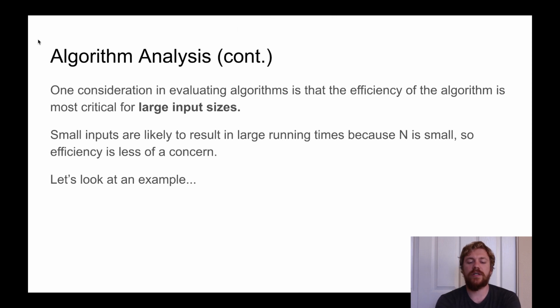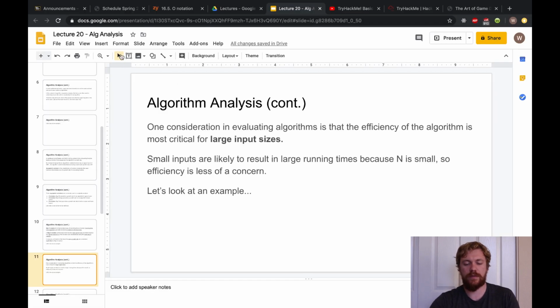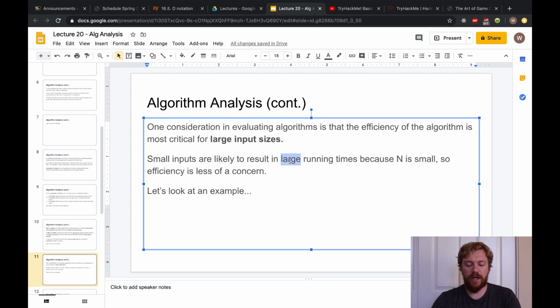One consideration in evaluating algorithms is that the efficiency of the algorithm is most critical for large input sizes. Small inputs are likely to result in small running times because n is small. So efficiency is less of a concern. Go ahead and fix that. And so what this is talking about is something that's fairly intuitive, right?